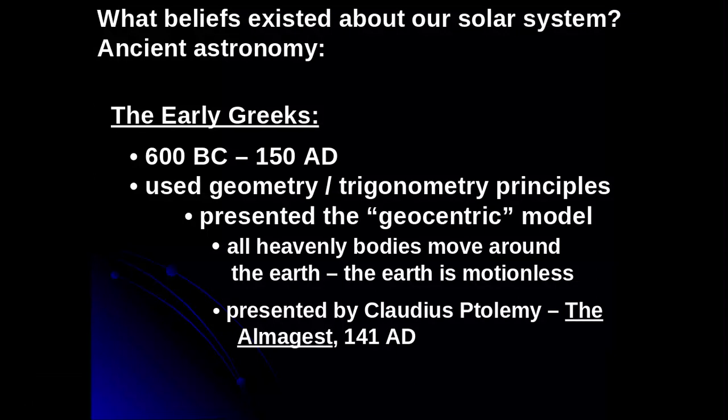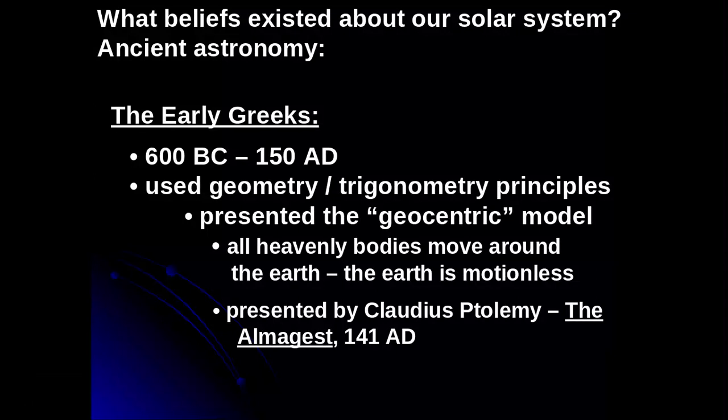In fact, let's go back to the early Greeks at about 600 BC. And you have to think about what types of measurement tools folks had back then to look at the solar system and make their observations.